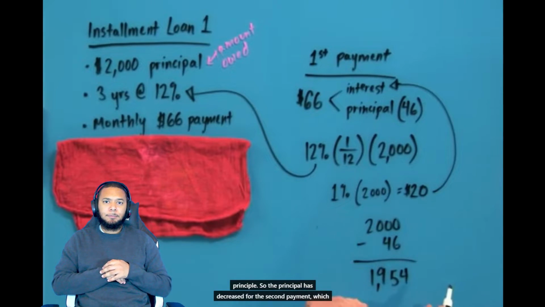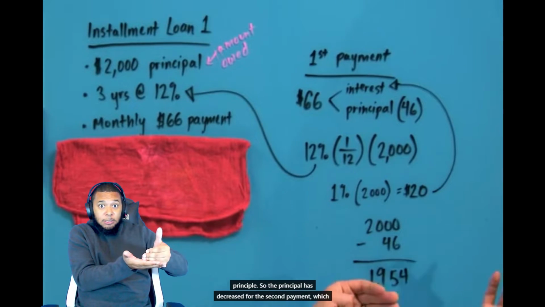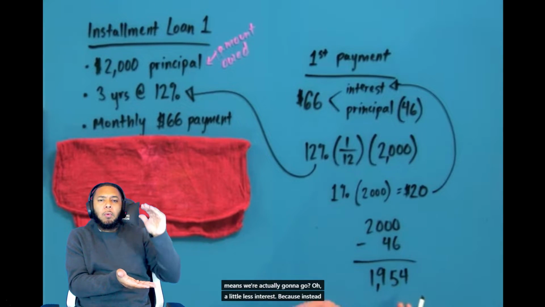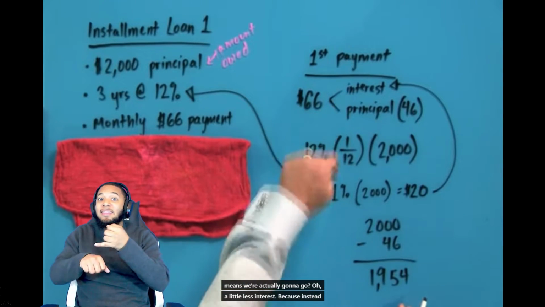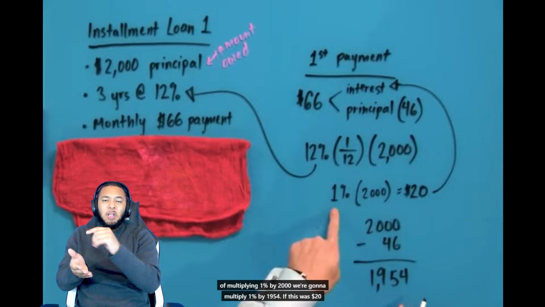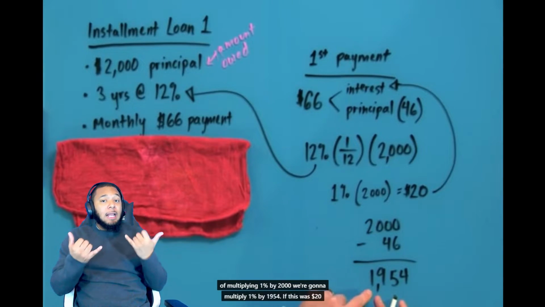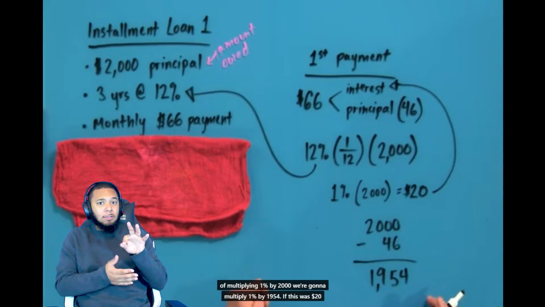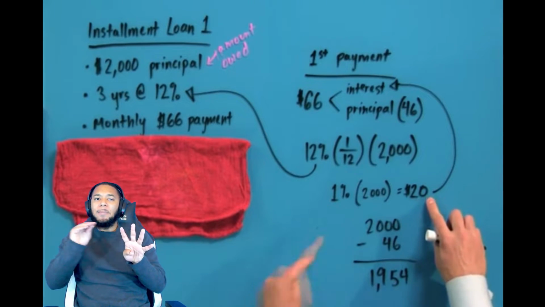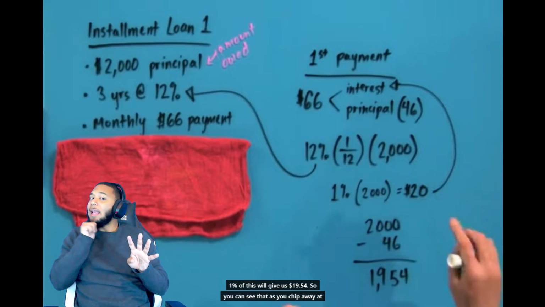So the principal has decreased for the second payment, which means we're going to owe a little less interest, because instead of multiplying 1% by 2,000, we're going to multiply 1% by 1,954. Now, if this was $20, 1% of this will give us $19.54. So you can see that as you chip away at the principal, you're actually paying less in interest, which makes sense.